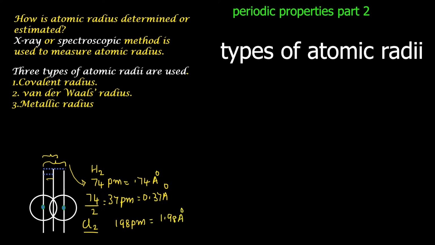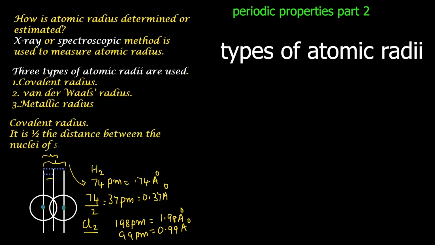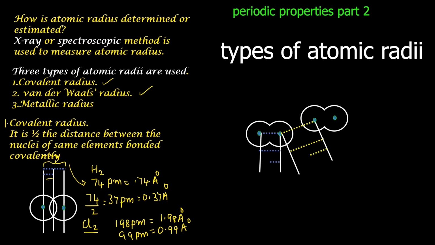Then the covalent radius becomes 198 divided by 2, that is 99 picometer, which is 0.99 angstrom. So the definition of covalent radius is, it is half the distance between the nuclei of the same elements bonded covalently.